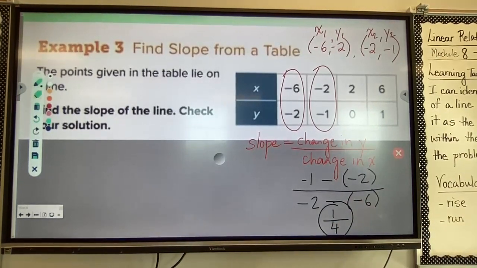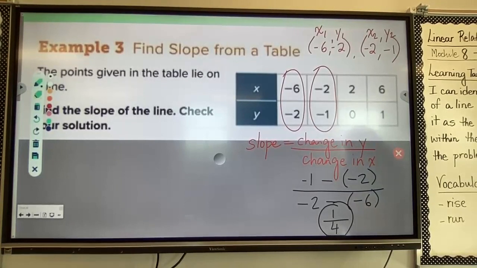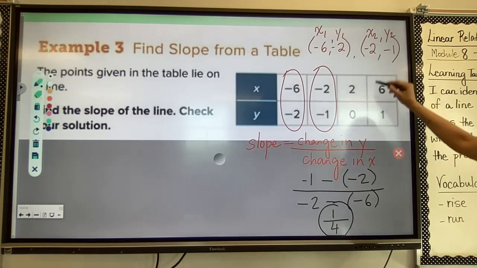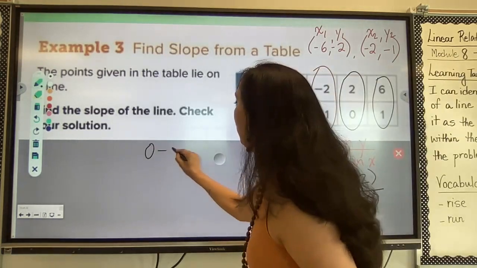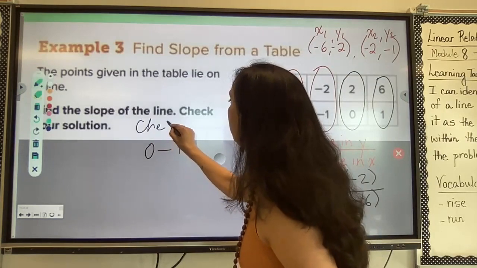And to check, you can choose two different points from the table and find the slope. Let's say I use 6, 1, and I use 2, 0. So this is 0 minus 1, because change in y. This is to check my work.